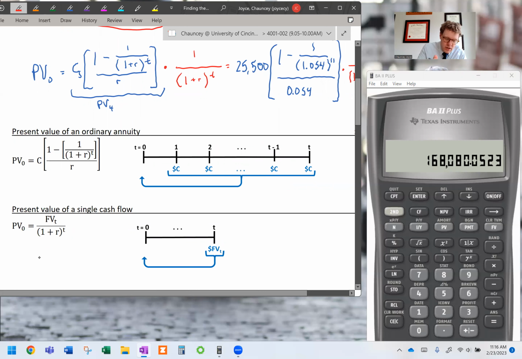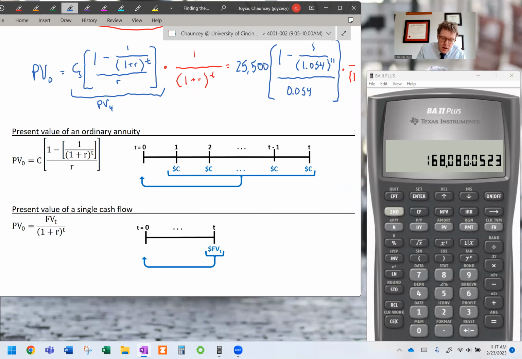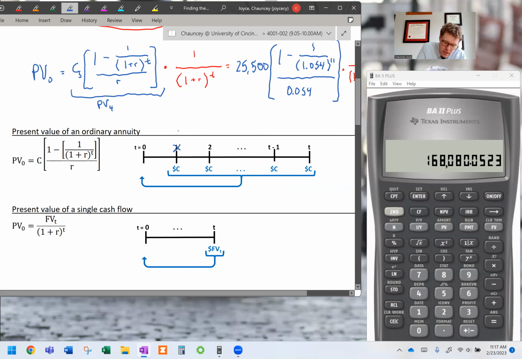So I put those equations here, the present value of an ordinary annuity. Notice C, the payment, if it occurs at the end of the period, then the equation will give you the value 1 period before the payment starts. This is what made the question so difficult, is this wasn't received in 1 year, but it was received in 5 years, and it kept going for 11 times.